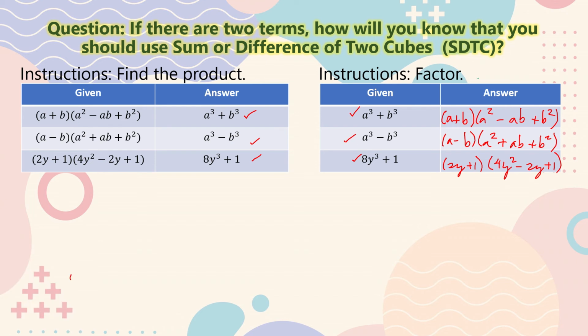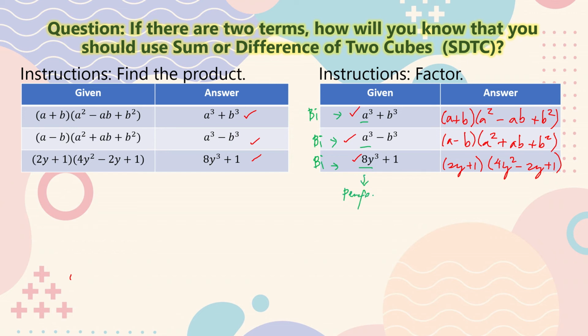So perhaps the first thing that you will notice, the three givens here are all binomial. So the given here is a binomial. This is also a binomial. This is also a binomial. The first terms of each given are all perfect cubes.